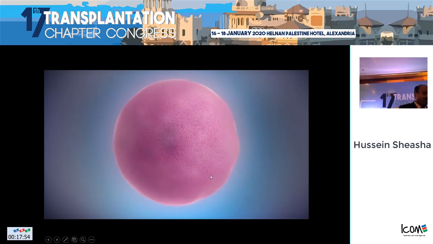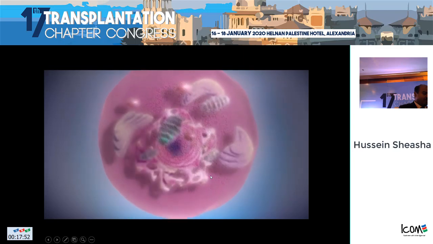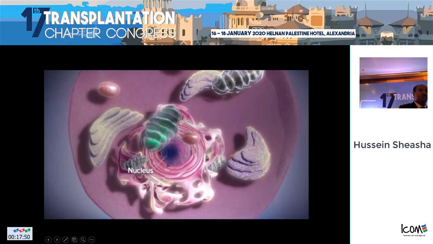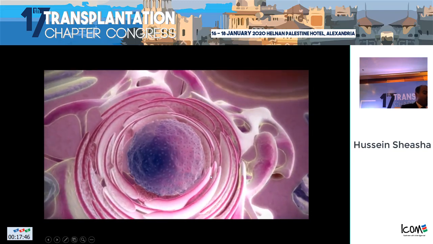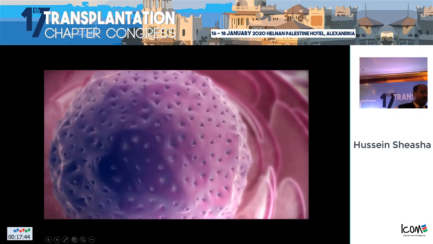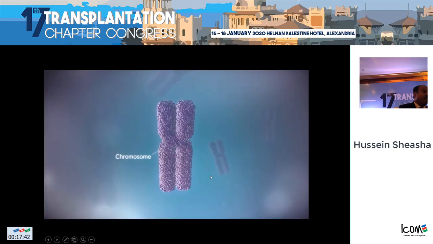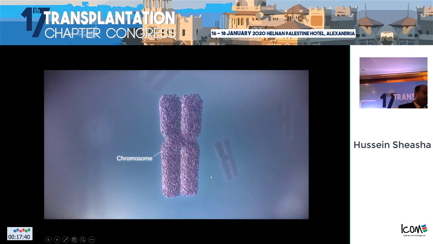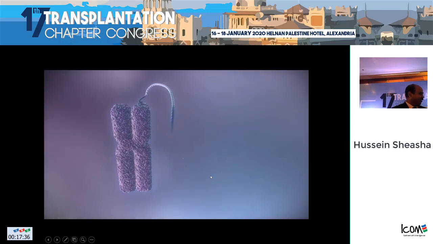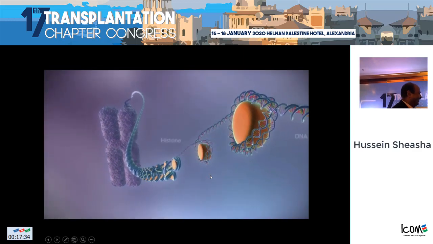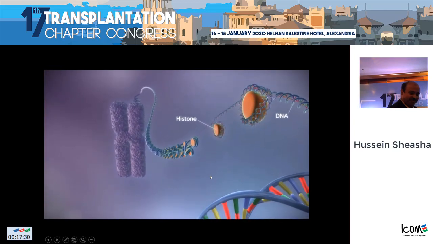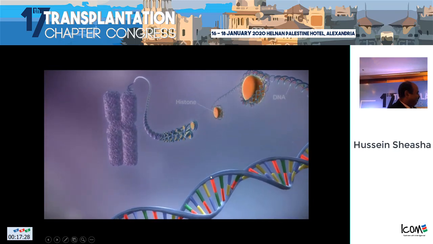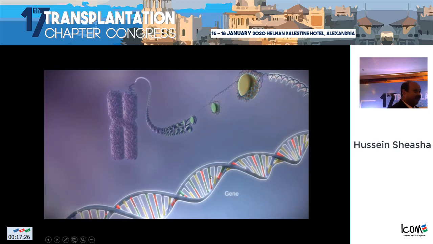So this is the cell. In most human cells, there is a structure called the nucleus. The nucleus contains the genome. So if you go inside the nucleus, The genome is split between 20. we'll find the chromosome where the DNA is condensed. Yes, I think this is more better than my English. Within the DNA are sections called genes.